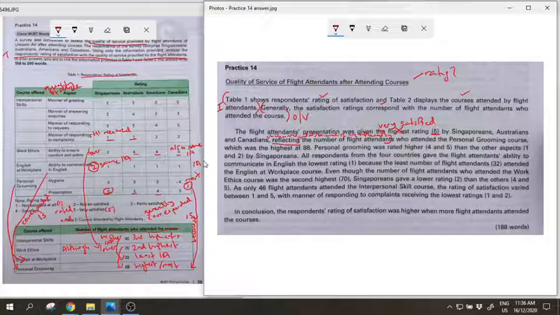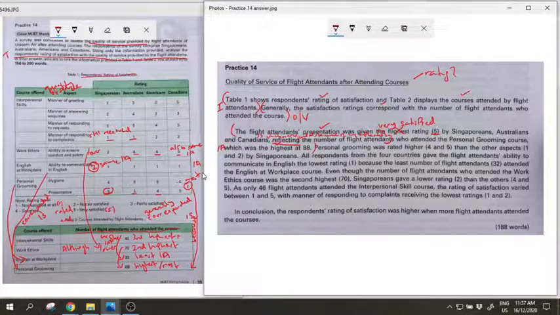This one is talking only about presentation, but you can also lump them together like my sentence just now. You can say both hygiene and presentation were given very satisfied and satisfied ratings. You can combine them, by all four nationalities. Then when you give the word highest here, you have 1A here, and then you have another 1S here.